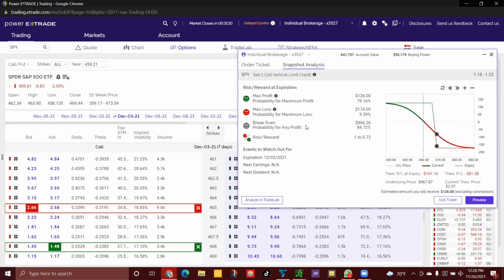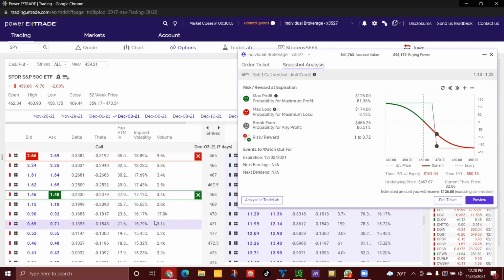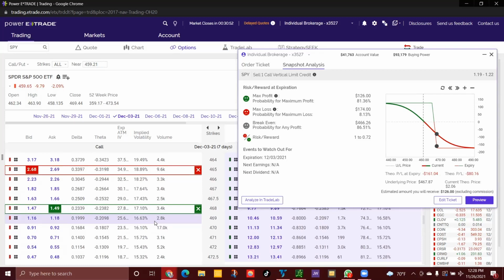Whereas with this bear call spread, yes, you would be down on it. But what's cool is you bought a call, so this thing is loaded with profit. So what this allows you to do is, if you say, you know what, the market bounced up to 470, this is ridiculous, there's no way it's going to hold that, all this profit that's built up in this 468 call, you can take most or the majority of the profit out of it.